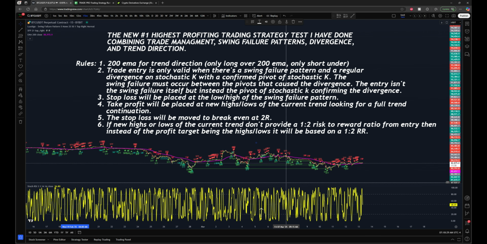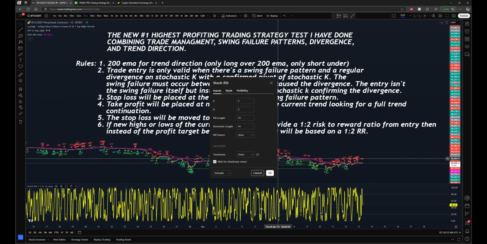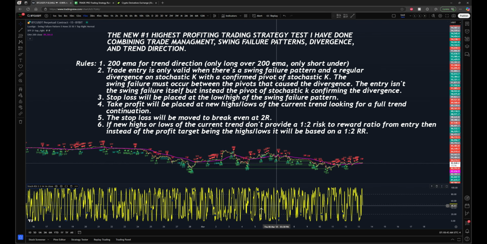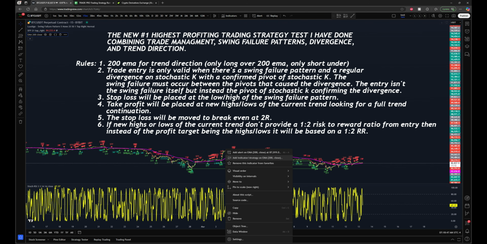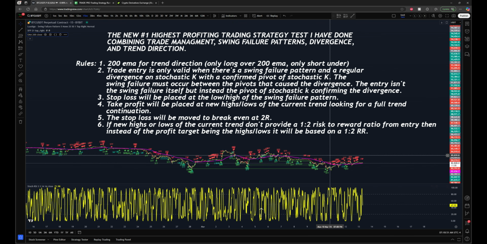First of all, we have the stochastic RSI here. This is just the stochastic K line. I got rid of the D and we just have default settings, the stochastic K line, and that is going to be used for the divergence. Next, we have the 200 period exponential moving average in purple here, a basic 200 EMA.